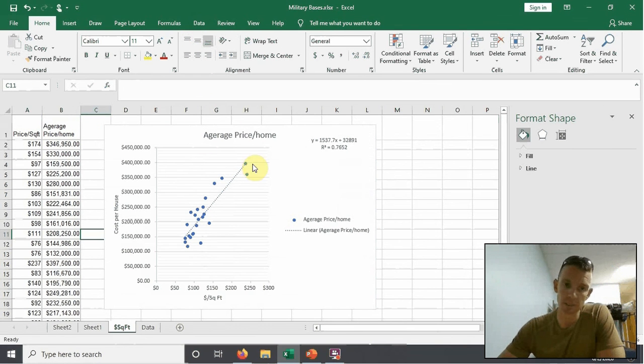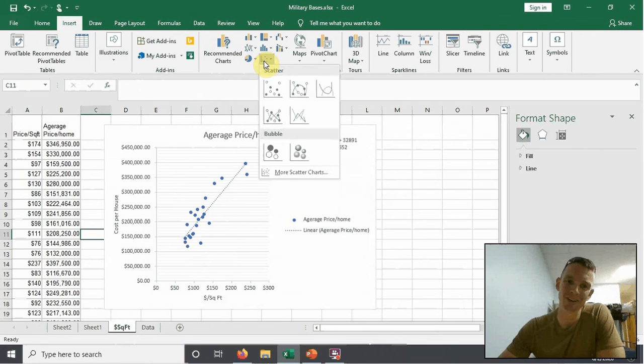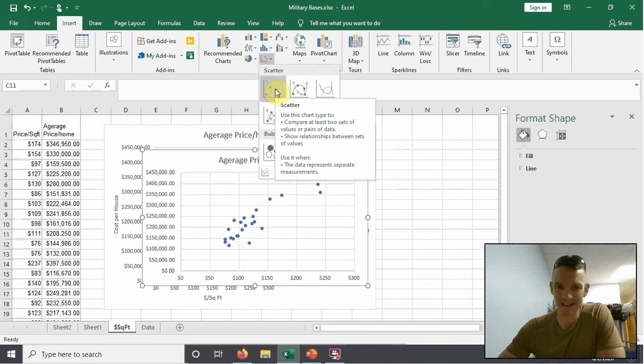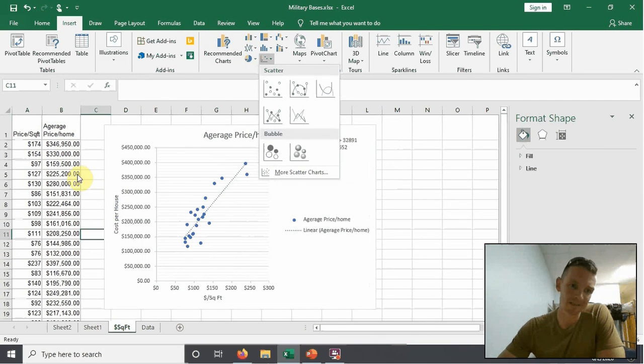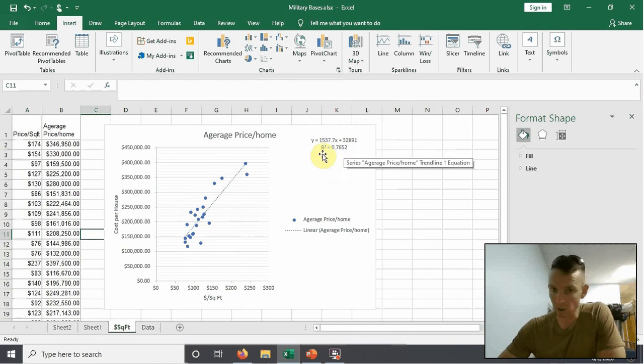Here you can see an actual chart. For the chart, we did a scatter chart and edited it to give us an actual linear regression, as well as our R-squared value. And we'll talk about R-squared.